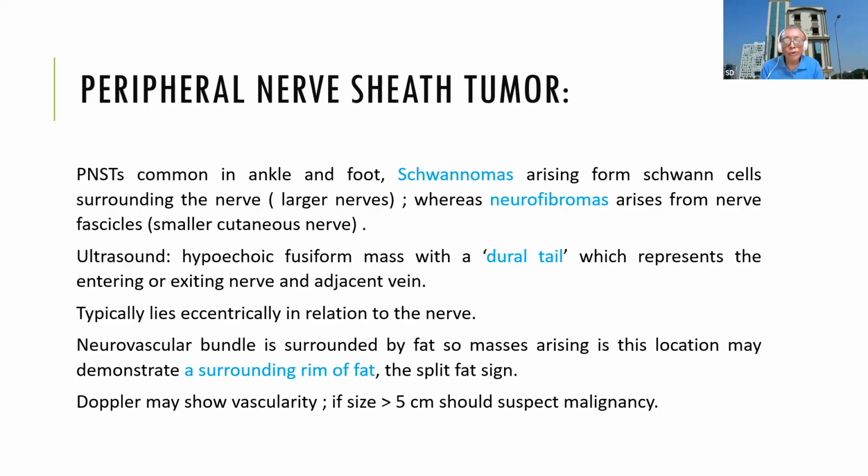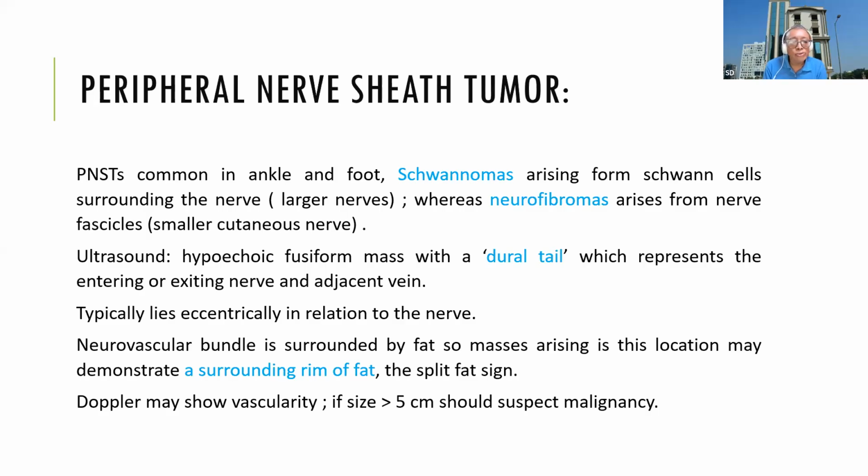The nerve usually lies eccentrically in these tumors, and normally we can see a surrounding rim of fat around the nerve also. We can also sometimes see increased vascularity if we use Doppler.